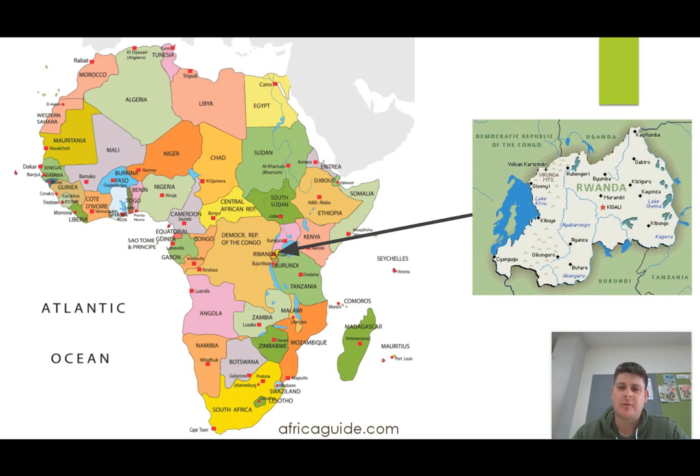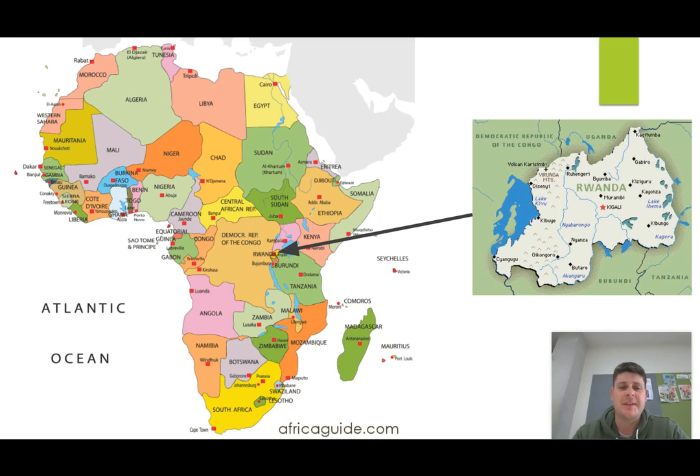Here you can see Rwanda, and this is going to be our focus for the rest of this genocide subtopic. We are going to be looking at the Rwandan genocide, and you will be watching Hotel Rwanda as part of your studies as well. As you can see on this map, Rwanda is essentially central, in the south of Africa.